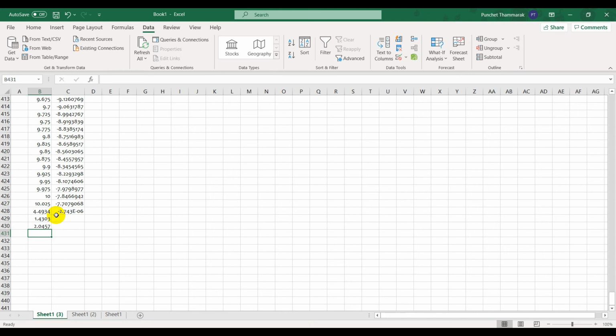No, you need to take the square root of this thing first.